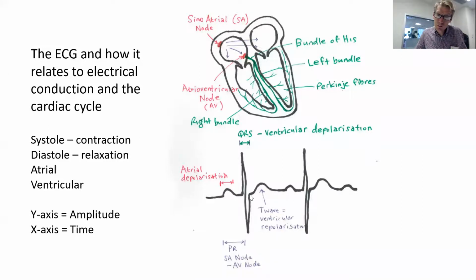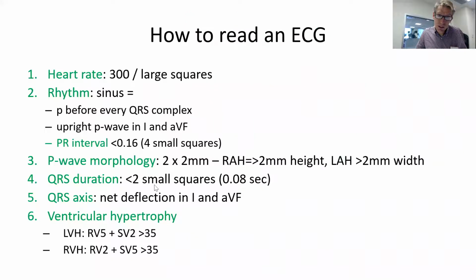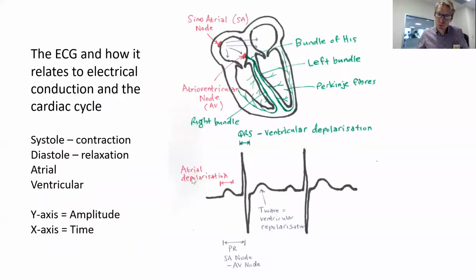So normally the QRS duration should be less than 2 small squares, right? It should be less than 0.08 seconds. Remember, 1 small square is 0.04, so 2 small squares is 0.08. If it's more than 2 small squares, then there's a bundle branch block, that is something slowing down the impulse getting around the heart.